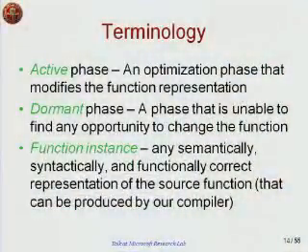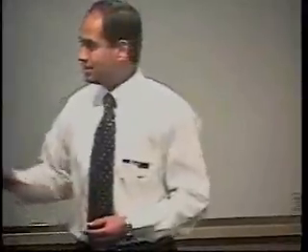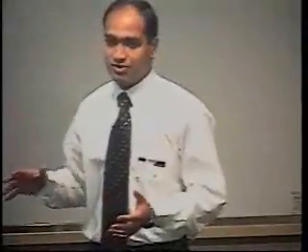Such phases are called active phases. Now, if an optimization phase is not able to find any opportunity to change the function representation, then that phase is called a dormant phase. I've also formally defined a function instance as any semantically, syntactically, and functionally correct representation of the source function. This is just a different version of the function that can be produced by a different phase ordering.